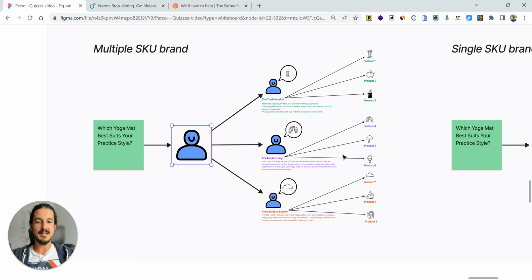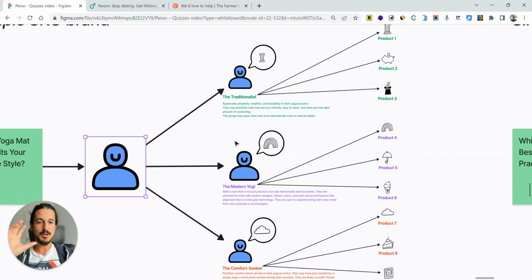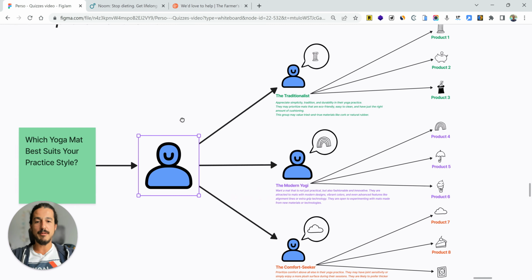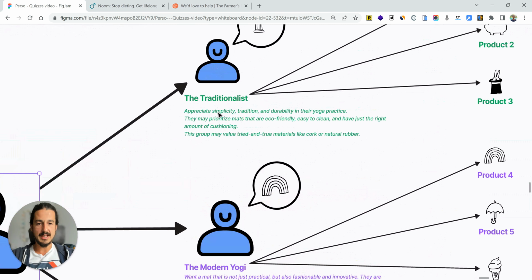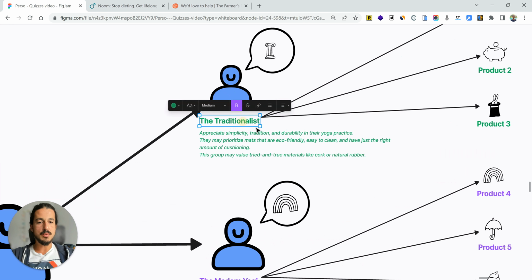We call them the way we want, but at the end of the day, we have several types of customers that care about several things and that are probably interested in different products. So for an example here, if you want to take time to read that, I have segmented the potential customer of a yoga mat business or yoga business, whatever, into 3 different categories.